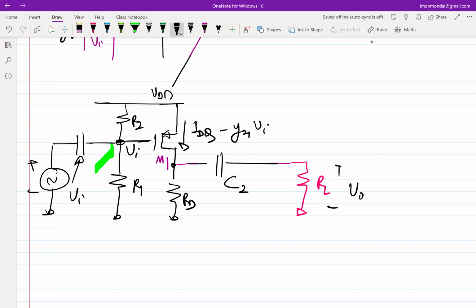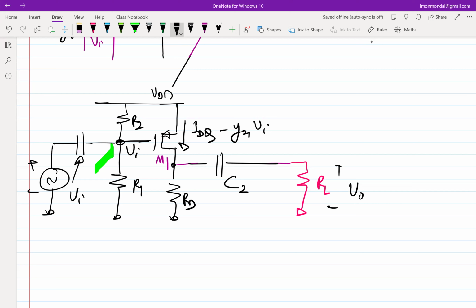But having an infinitely large capacitor is also not sufficient, because I want all the incremental current to flow through RL, but now it's RL parallel RD. If C2 is infinitely large, which is effectively a short at signal frequencies, then the load that the transistor is seeing is RD parallel RL. So what is an additional constraint that needs to be imposed? RD should be much greater than RL. Excellent, right?